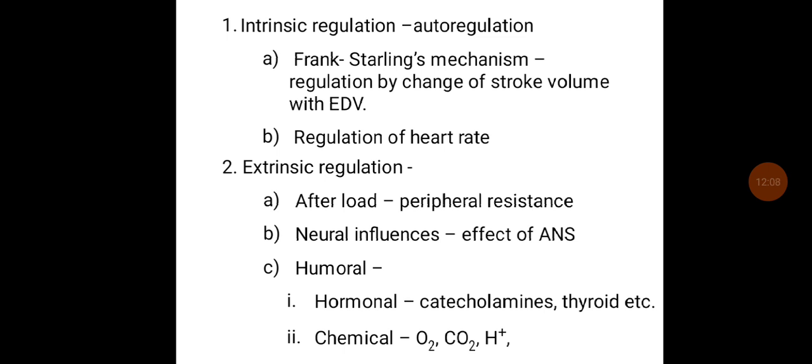Okay, and also it is by regulation of the heart rate, whereas extrinsic regulation is mainly by the external factors apart from the heart itself. Okay, so it is mainly regulated by the afterload, that is called peripheral resistance, some neural influences of the autonomic nervous system, and the humoral factors like hormones, catecholamines, thyroids, glucagon, insulin, etc., and the chemicals, whereas they're going to depress the cardiac output.